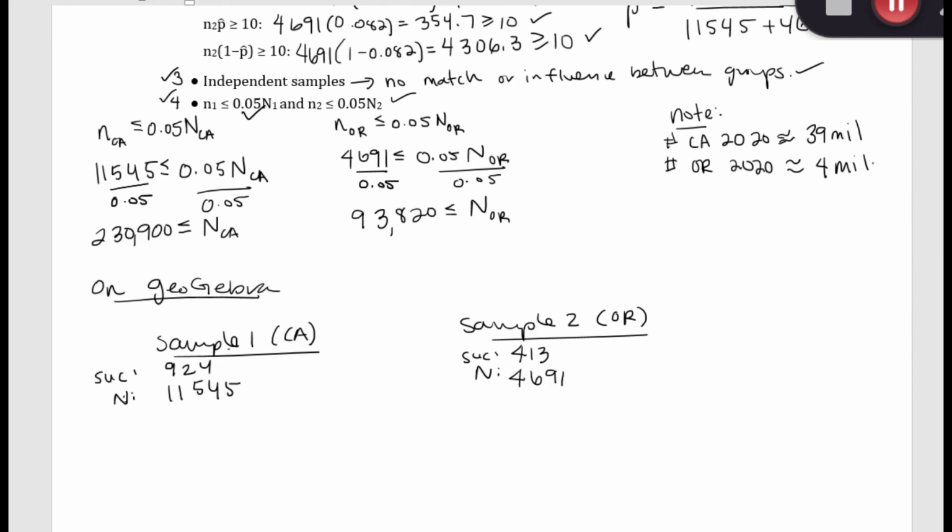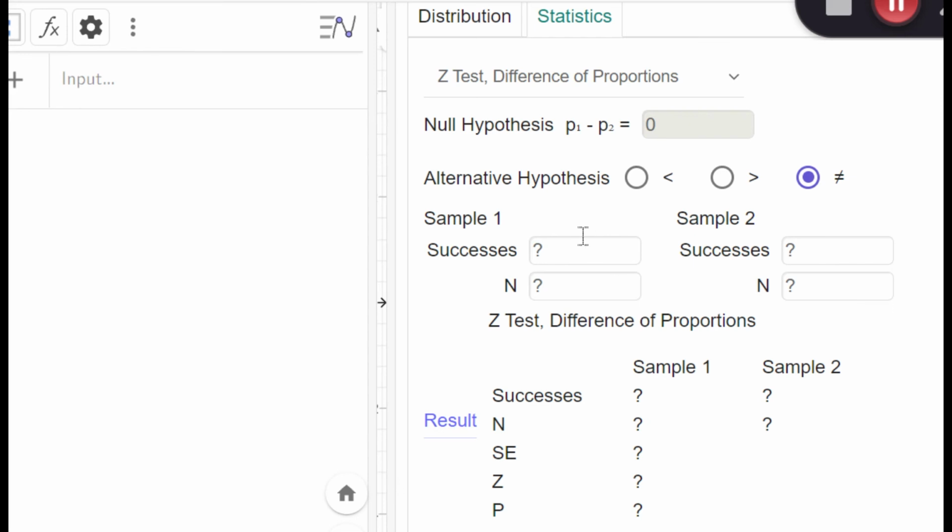So we type those into our successes: 924, 11,545, 413, 4,691, and once you type those in, you get this output right here.